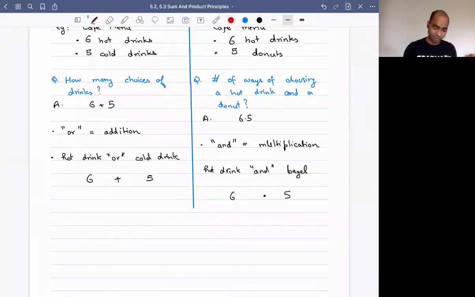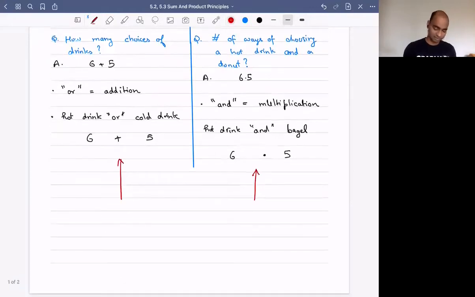Now, before we move on to more complicated stuff, here's a pro tip. Never simplify your answers. Because who cares that 6 plus 5 is 11? If you figure out that the total number of choices is 11, what does it matter? What we are interested in is how you got to that answer.